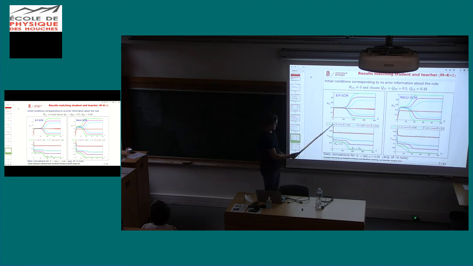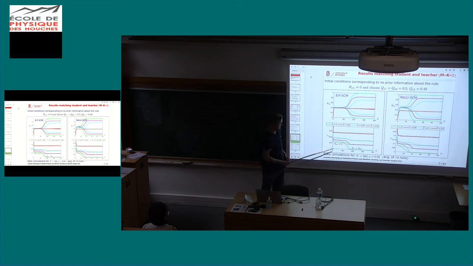So here I show the evolution of the generalization error, which decreases sharply in the beginning, plateaus, and with specialization decreases to 0 in the case of 0 concept drift.